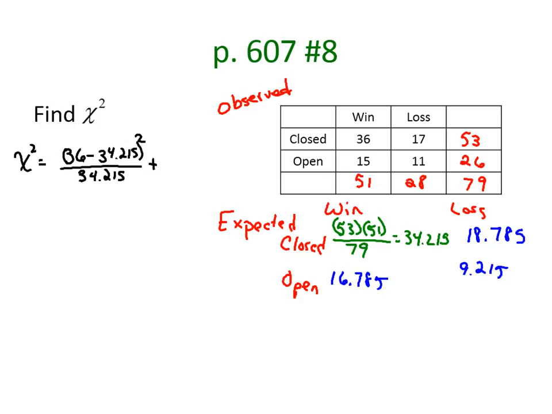That's what I'm getting from just that first cell. From my second cell, the closed losses compared to what I expected to see, I'm going to take the 17 minus the 18.785, squared, divided by what I would have expected. And doing that for every single cell.